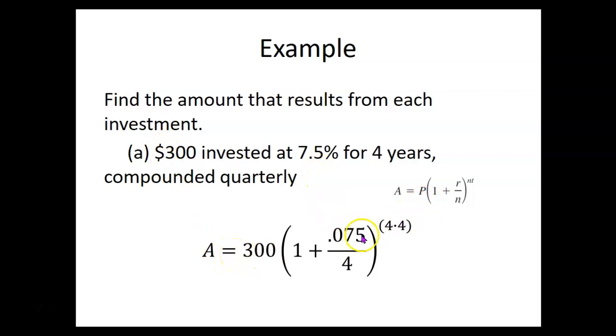R is the interest rate, but in decimal form, 0.075. Remember to convert between percents and decimals. You always move the decimal point 2 places. N is 4 because compounded quarterly means 4 times a year. And T is also 4 because we're talking about 4 years.